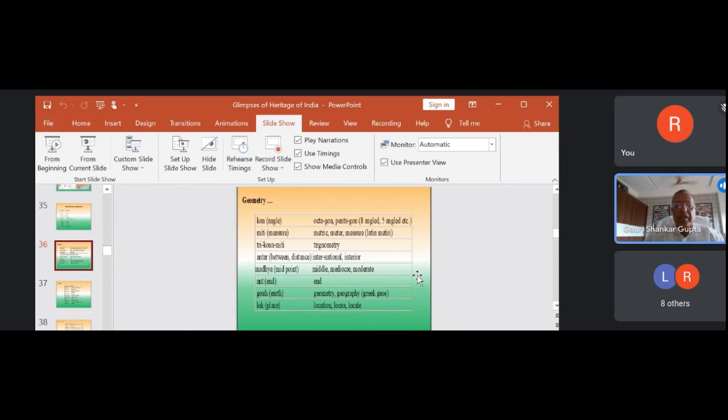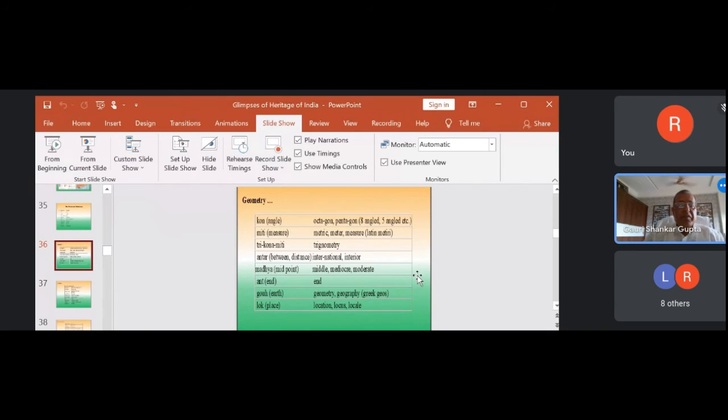It has become gone. Pentagon, like the Pentagon building in Washington, it has 5 angles. So that is why they call it pentagon. So that word again comes from Sanskrit. Miti is the measure in Sanskrit, and then it becomes meter, metric, measure in European languages.